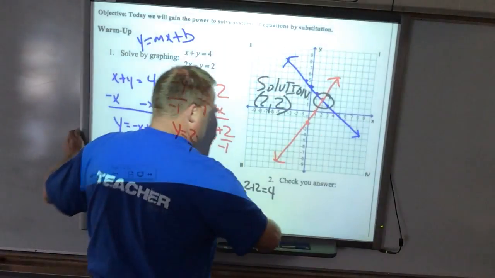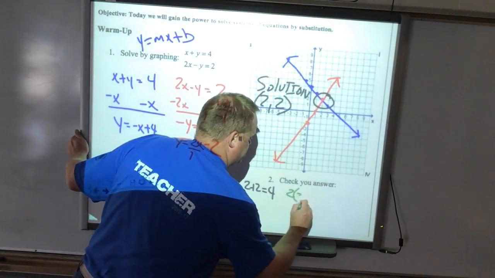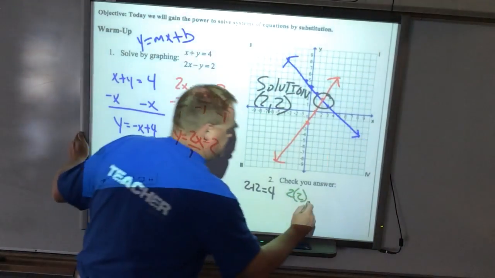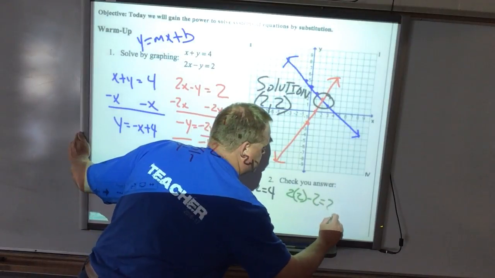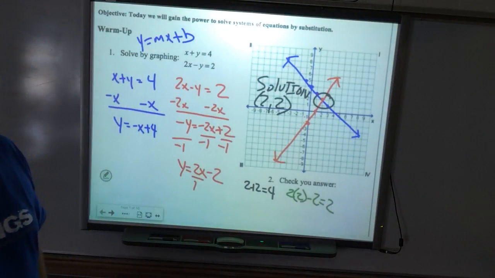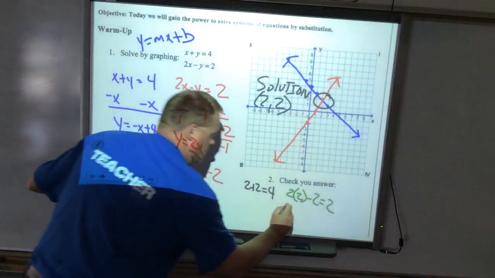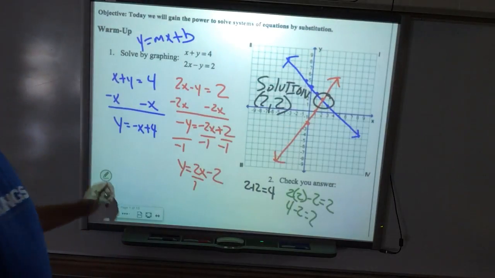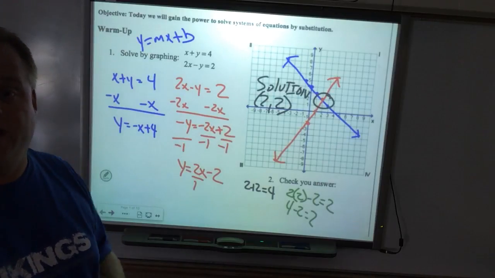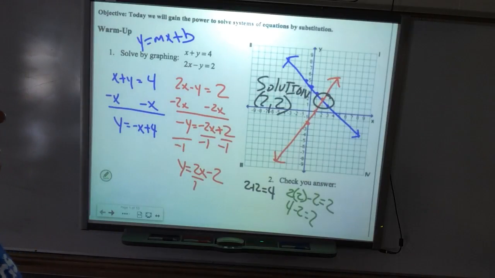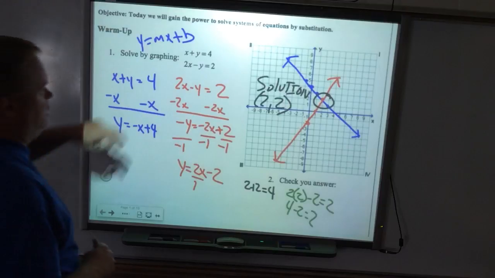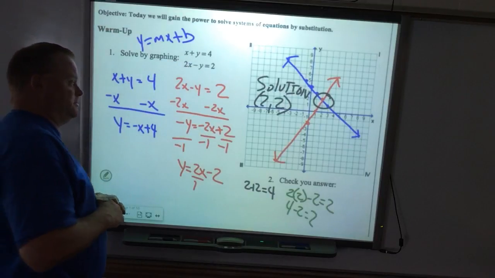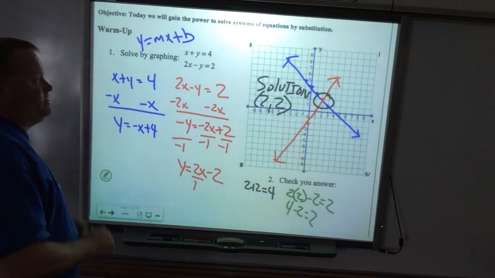Well, 2 times 2 minus 2 equals 2. 2 times 2 is 4, and 4 minus 2 is 2. So I know that (2, 2), where the two lines cross or intersect, is the correct solution to this system of equations. All right, moving to the next page.